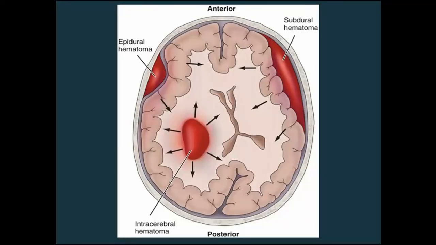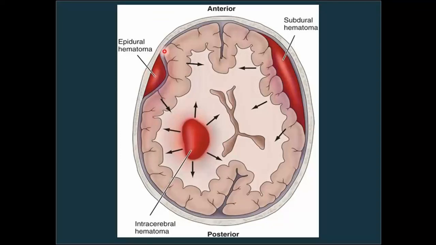So this is a good description of the three bleeds that I just was talking about. So if this is the skull, this is our outer edge here, and then this gray part is the dura that separates the skull and the brain matter.